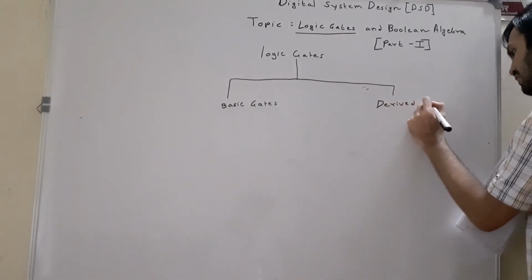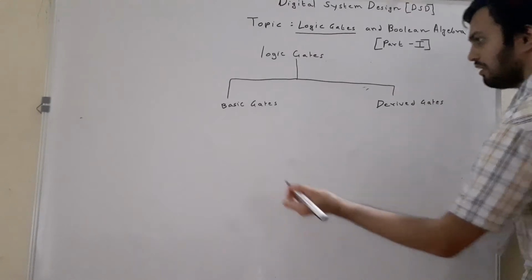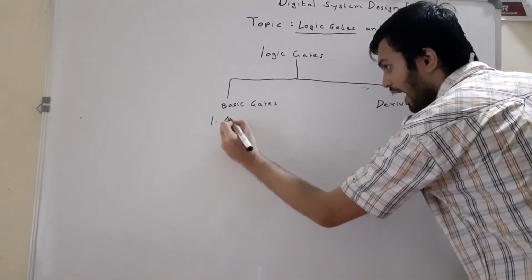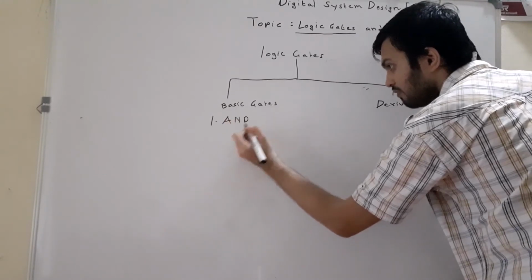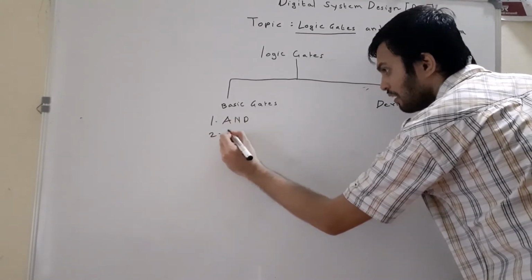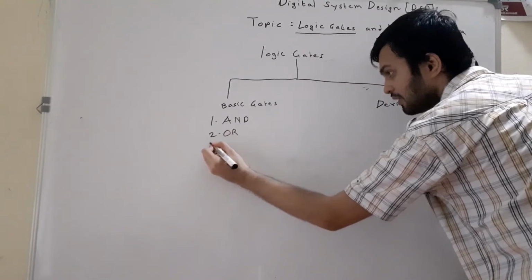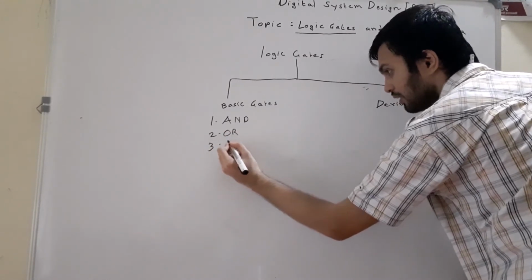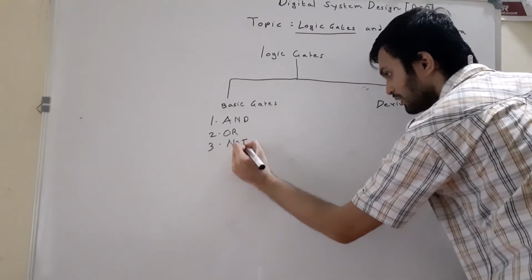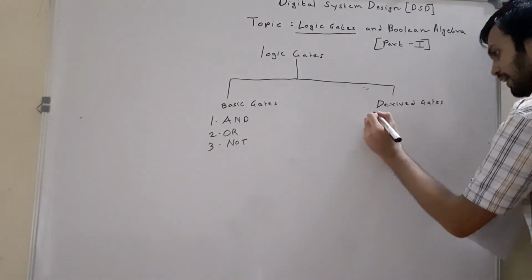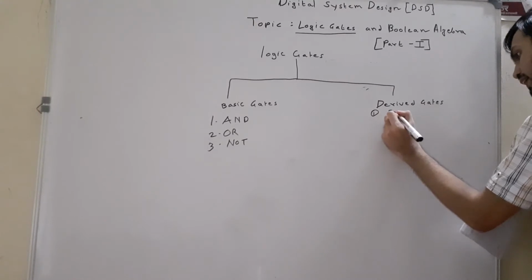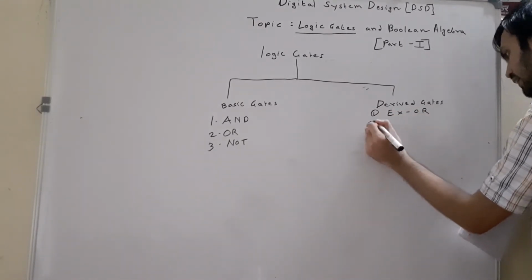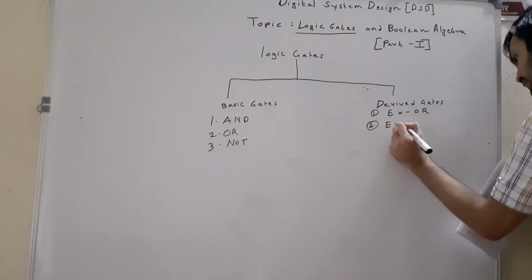Now in basic gates, we have AND gate, OR gate, and your NOT gate. And in derived gates we have XOR gate, XNOR gate.